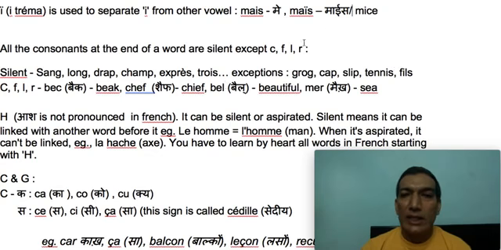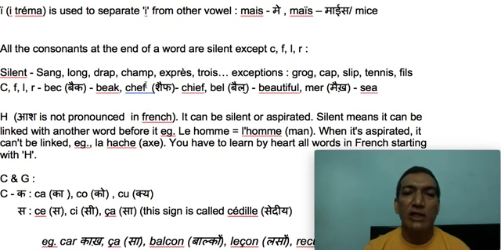Okay, so as I said, C, F, L, R, they are not silent. So some examples of them are bec, which means beak, B-E-C, bec. So C is not silent. Chef, you know, in kitchen, in cuisine, or in the hotels, the word chef, which is basically a French word.